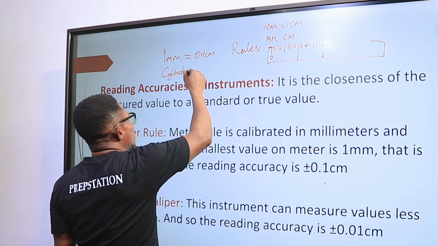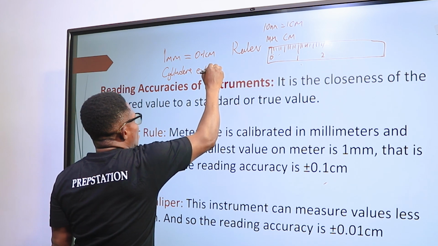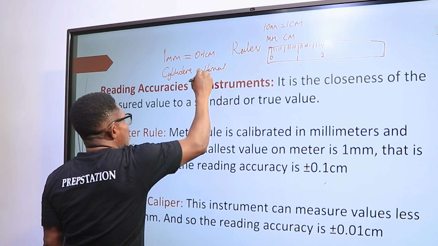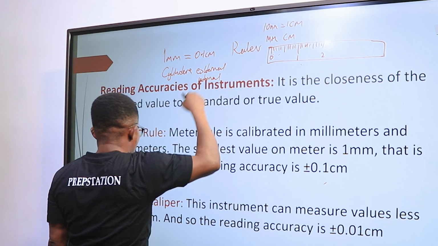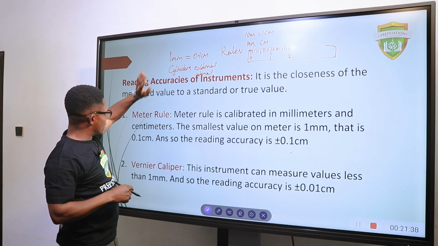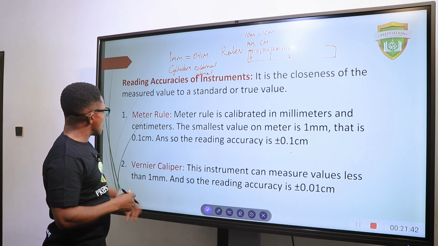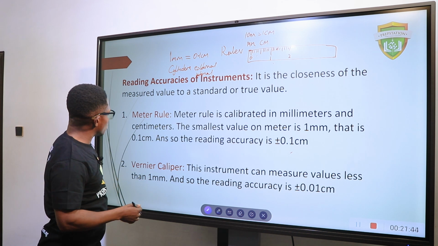It can be external diameter, it can be internal diameter. Sorry, I did not put the diagram here to show you the image of a vernier caliper, but it's a very simple device you can easily see in the laboratory and even on the net.